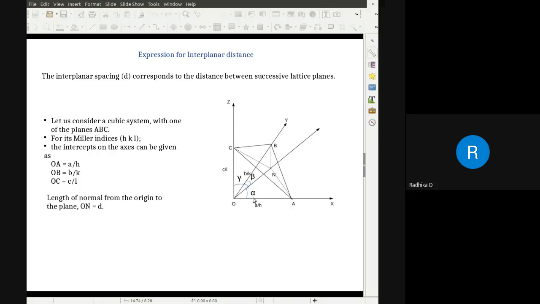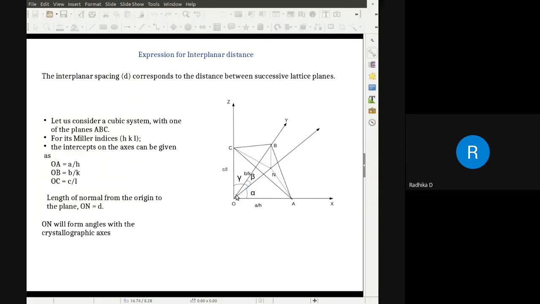This is very important, you need to remember. Now next, what happens? I can find cos alpha, right? Three angles: alpha, beta, gamma. Since ON is normal, this angle ONA will be 90 degrees. If something is normal to a particular line, that makes 90 degrees. So OA is the hypotenuse, ON is the adjacent side.